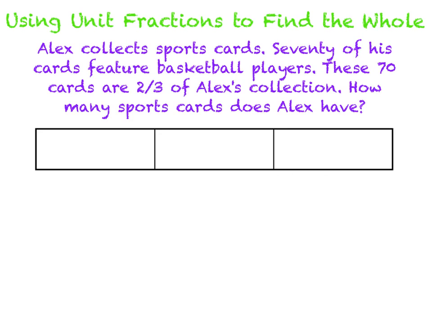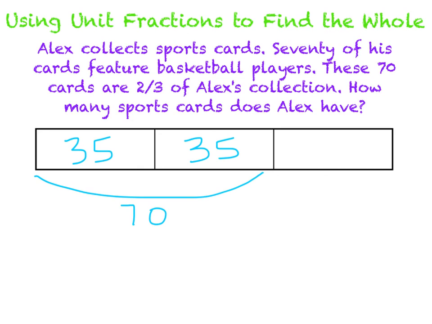I know that 2 sections equal 70, so in order to figure out what 1/3 is, I am going to divide 70 in half. Since I know that with fractions, all of the pieces are worth the same amount. So if these 2 pieces are worth 70 altogether, each one of these pieces individually is worth 35.